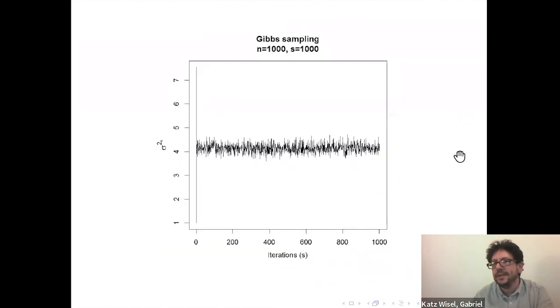And this is, in a nutshell, what Gibbs sampling does: break down a complicated problem into a series of easier conditional problems, and under very general conditions that hold for most social science problems, doing this trick of simulating the value of one parameter, taking the value of the other parameter as given, and going back and doing this many times, ultimately leads me to the stationary distribution, the posterior distribution of both parameters.